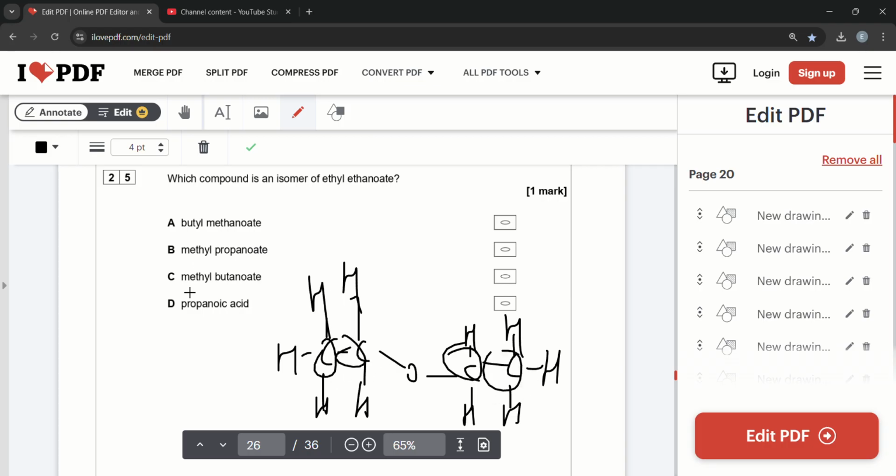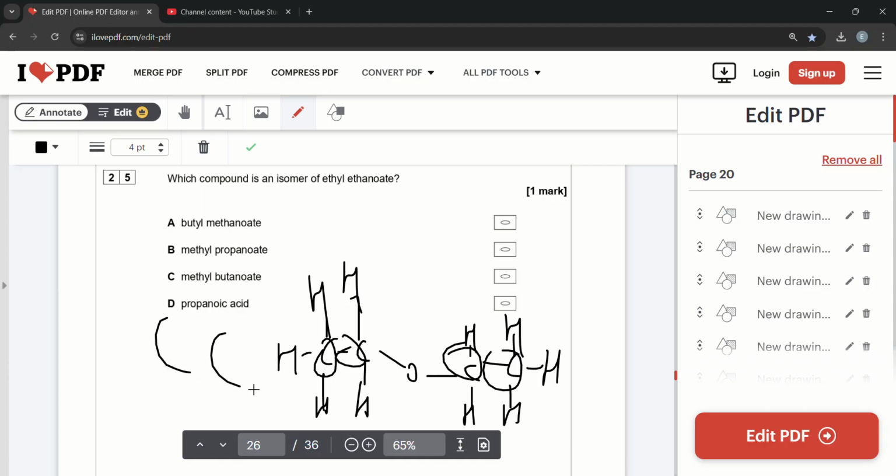Whereas methyl propanoate, and butyl methanoate, 5 carbons, so that's going to be right. Methane, ethane, methyl propanoate, methyl, so it's got 1 carbon.